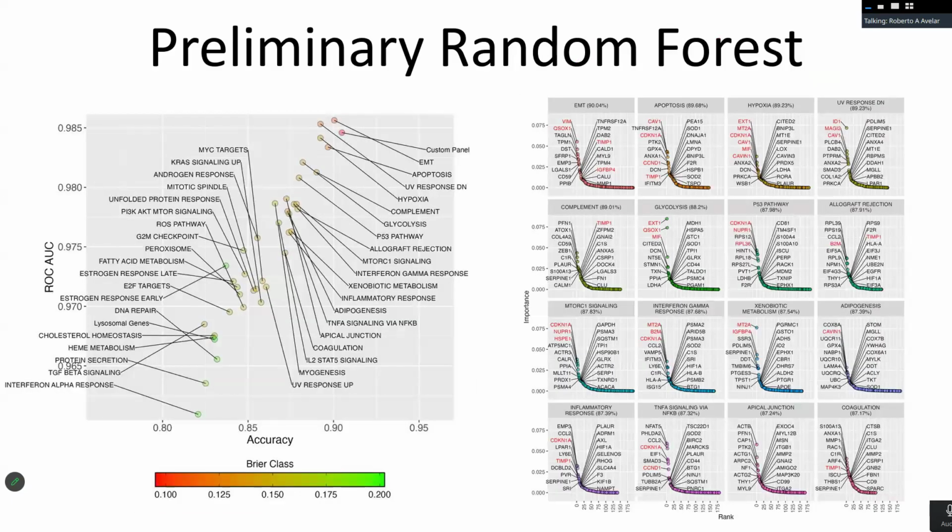So this is a very preliminary result, but I tried to do some machine learning, and the idea was to just take genes from one pathway and try to predict cells of each cluster using random forest. And what I find is that there are a bunch of pathways that can predict over 80% of cells into the correct cluster.